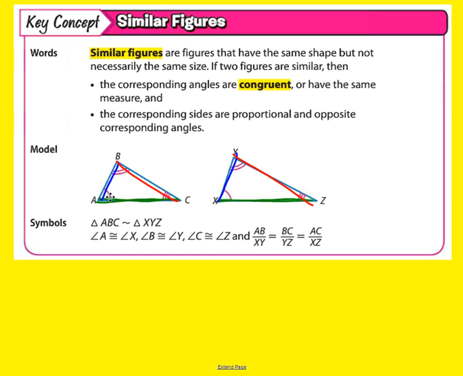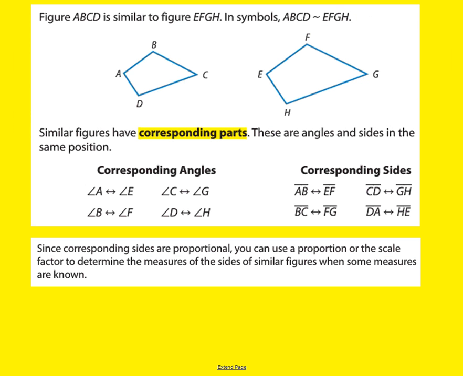Okay, they have the same relative position, they have the same angle measurements, so that's what it means for it to be corresponding. Now here, figure ABCD is similar to EFGH.